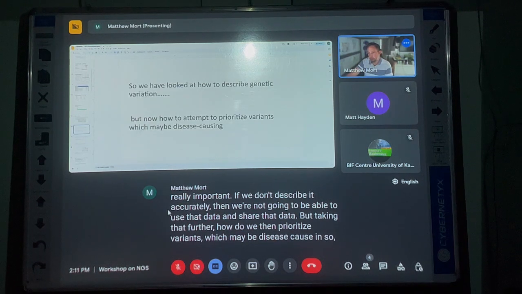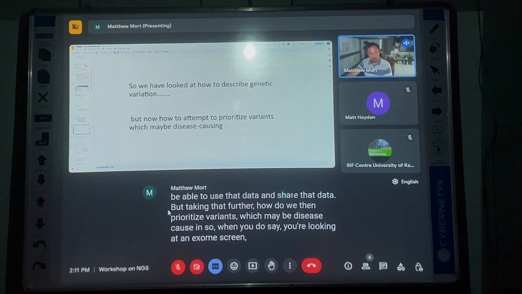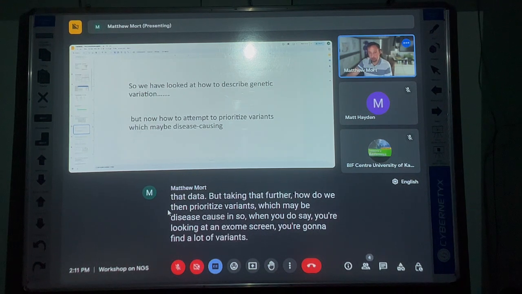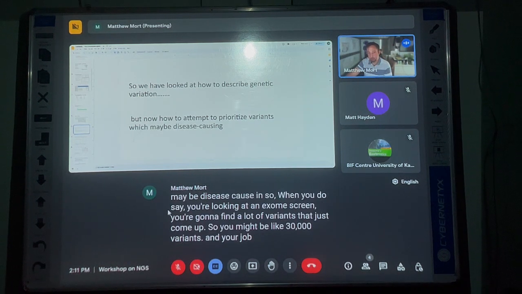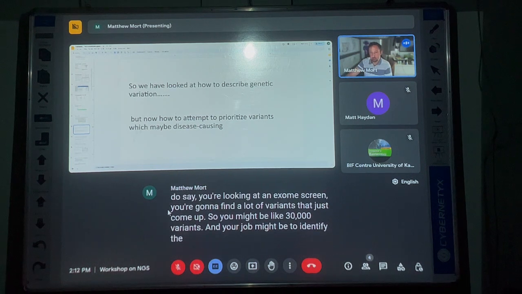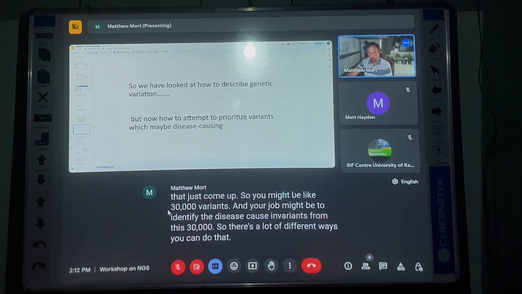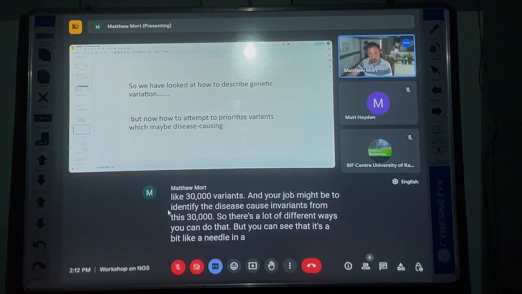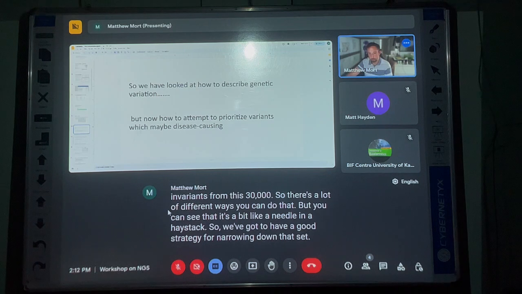Say you're looking at an exome screen, you're going to find a lot of variants, maybe 30,000 variants, and your job might be to identify the disease-causing variants from this 30,000. There are a lot of different ways you can do that, but it's a bit like a needle in a haystack. So we've got to have a good strategy for narrowing down that set.